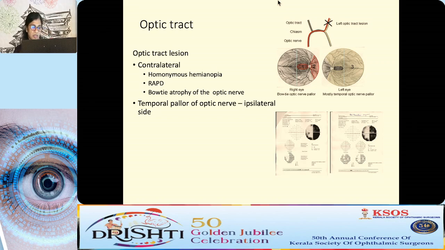An optic tract lesion causes contralateral homonymous hemianopia and RAPD on the contralateral side, and bow tie atrophy of the contralateral optic nerve head and temporal pallor on the ipsilateral side. So hemianopia with RAPD means optic tract lesion.